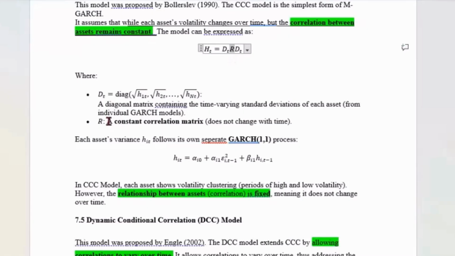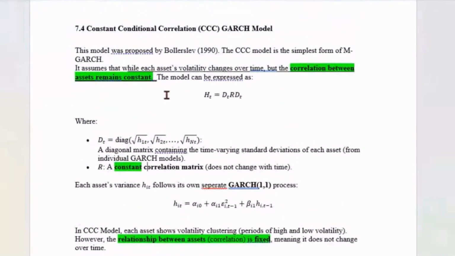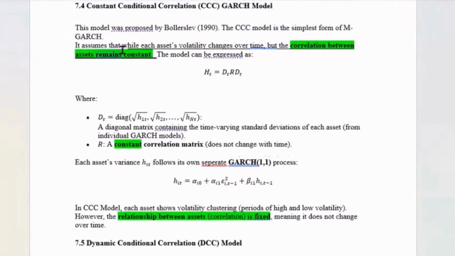The reason we say it is constant is that we already assumed that the correlation between the two assets does not change. We are calling it constant conditional correlation. And because it is constant, this R, which represents the correlation between the assets, is a constant correlation matrix.